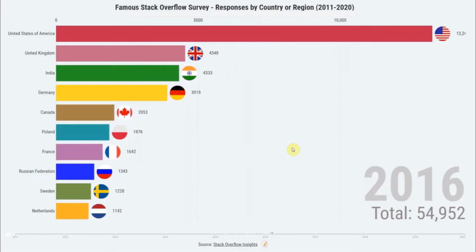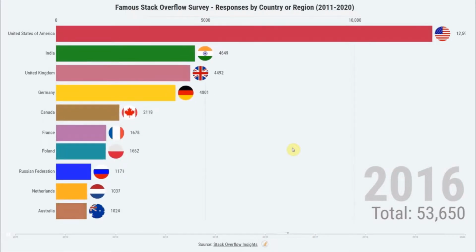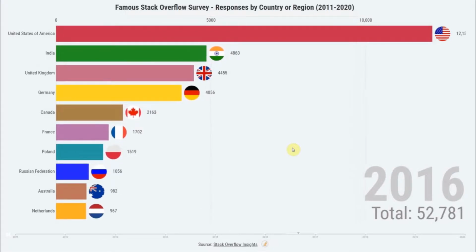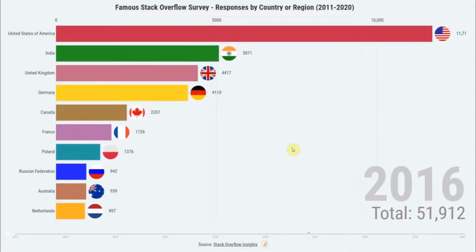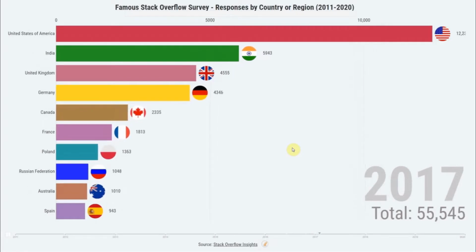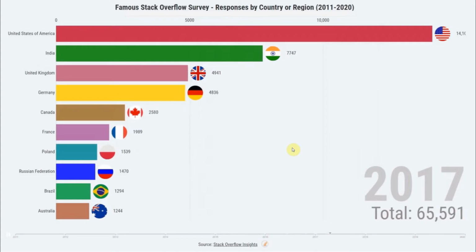And then 2016 puts India again on the second place. And again, from my previous executions, I noticed that the peak of the responses, so the biggest numbers are in 2018 and 2019.